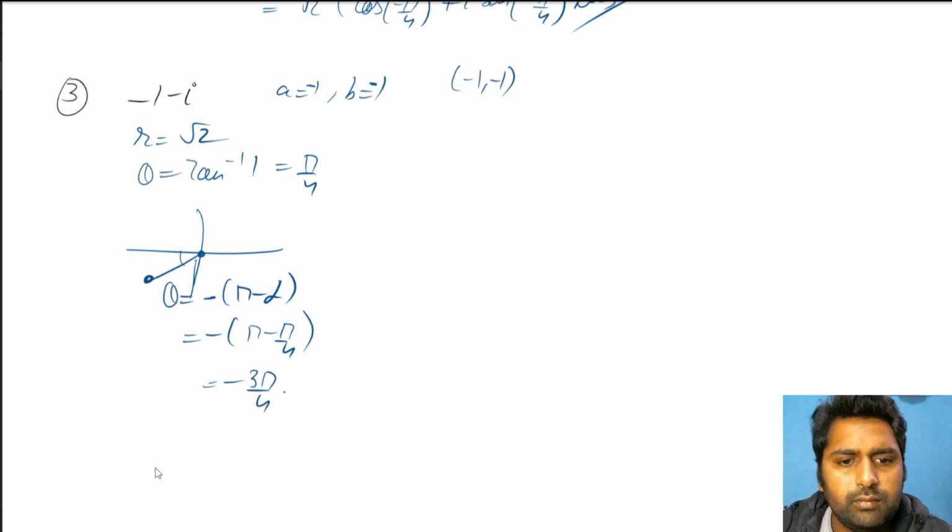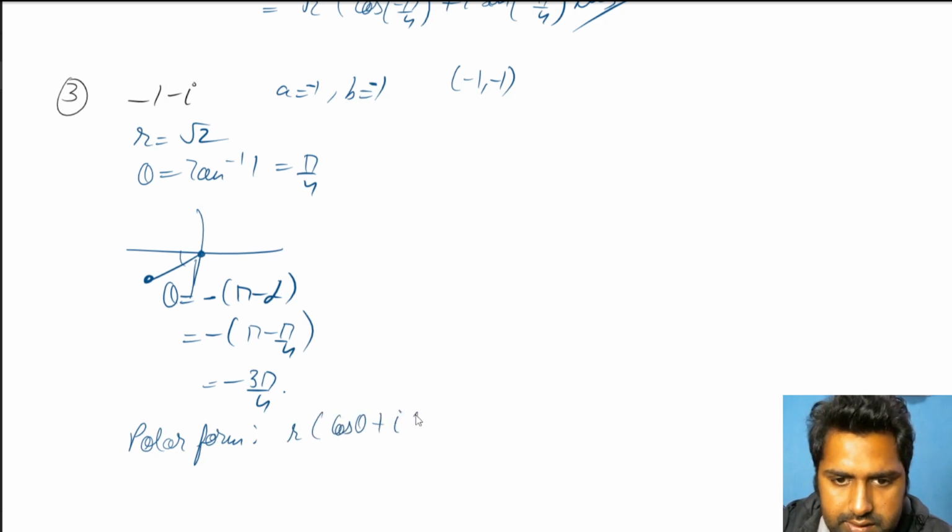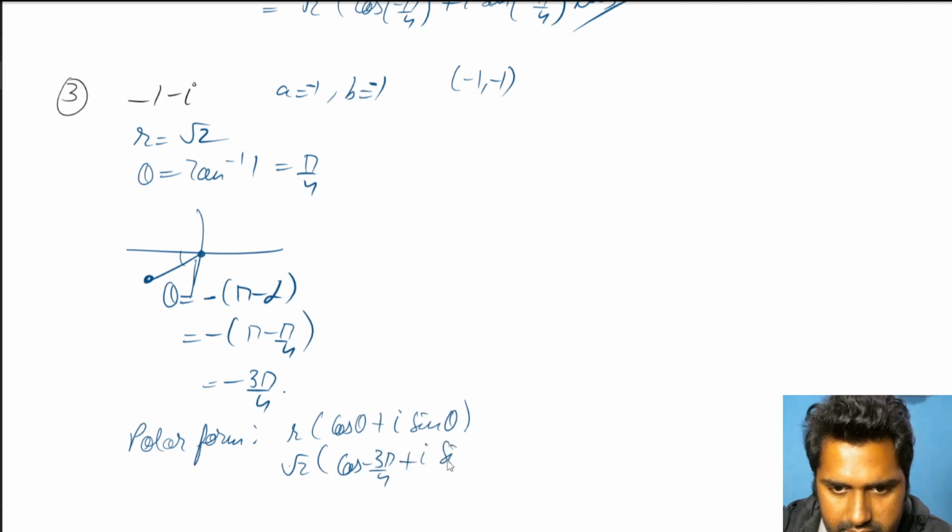Okay. Now finally your polar form: r (cos theta + iota sin theta). So root 2 (cos of minus 3 pi by 4 + iota sin of minus 3 pi by 4).